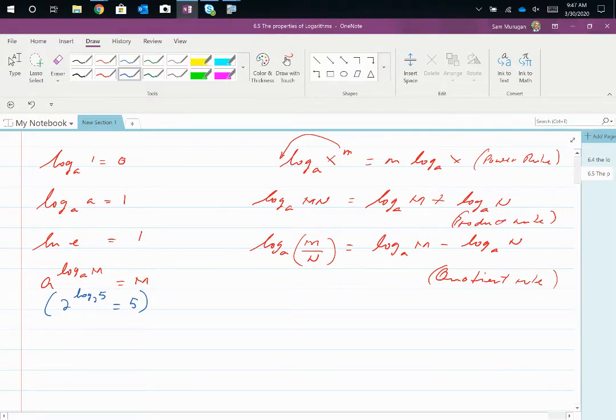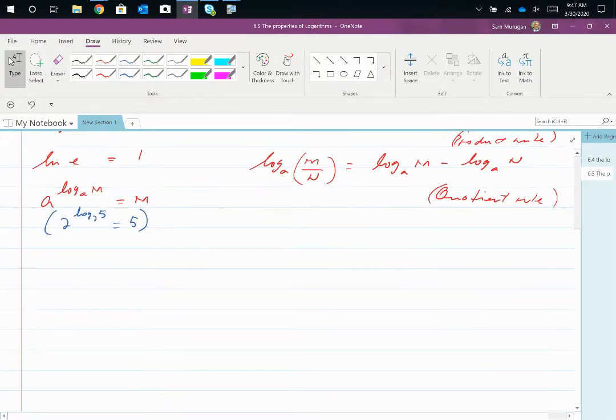So I want to show you how to manipulate these logarithms.